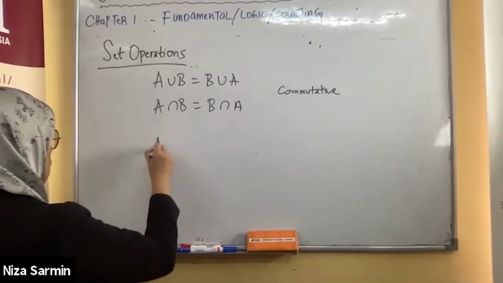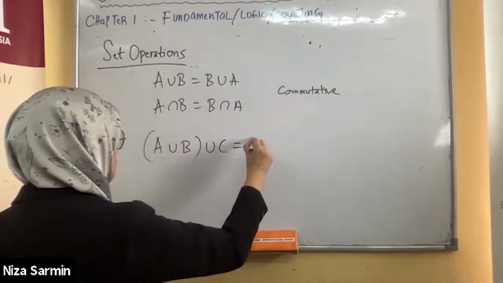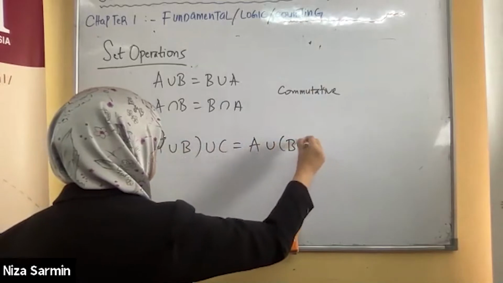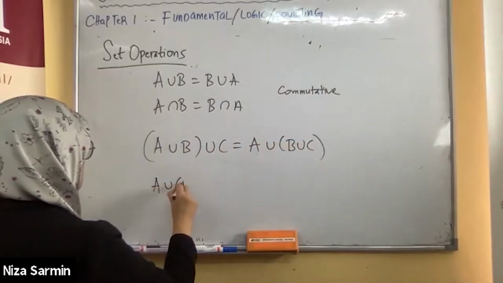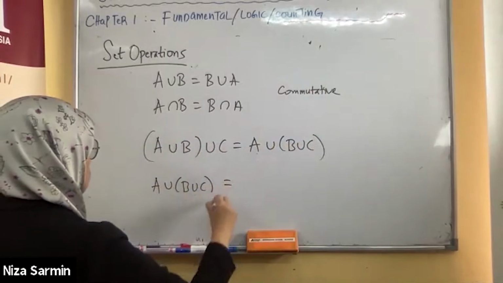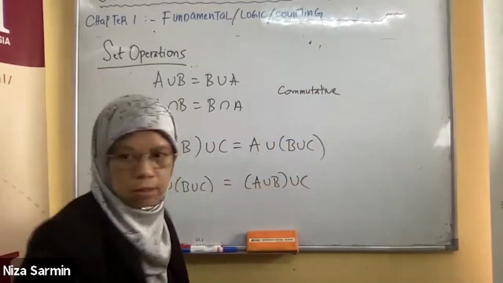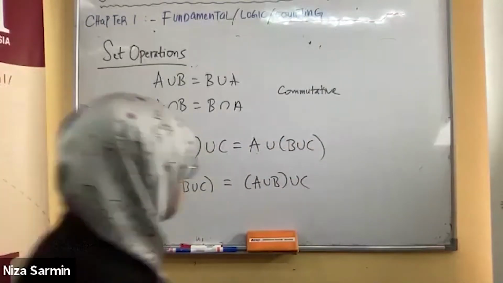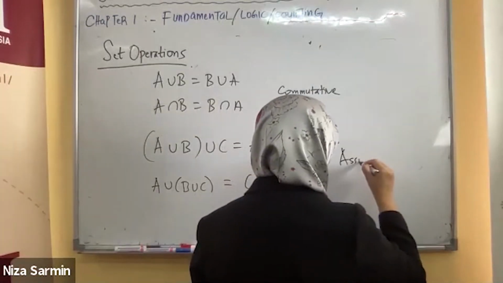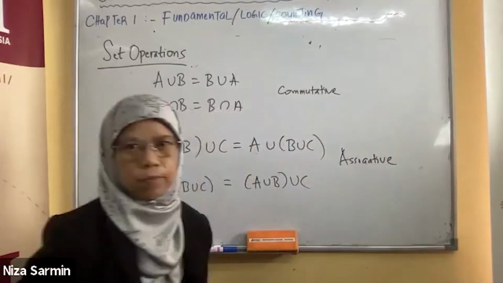And then we have A union B union C is A union B union C, associative. Okay, this is called the associative properties.